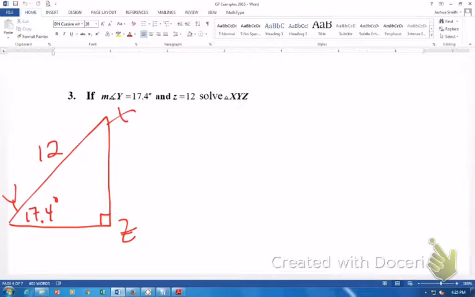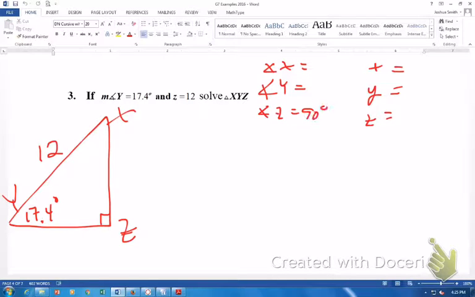Now what that means is that we need to find the three angle measures, angle x, angle y, and angle z. And we need to find the three side lengths, and they call them little x, little y, and little z. Okay? Now we know some stuff already. We already know that z is 90 degrees.